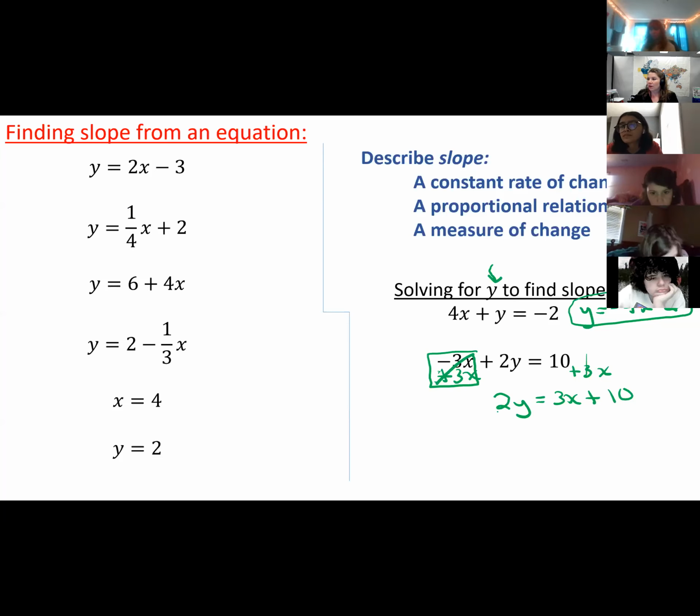All right, so now I'm not finished yet because y is not by itself. Y is being multiplied by 2. So how do I get rid of times 2? What's the opposite of multiplying by 2? I'm going to divide by 2. So guys, let's look at this. Everybody look at the screen. I'm going to divide every single term by 2. So I'm going to divide this by 2, this by 2, and 10 by 2. Okay.